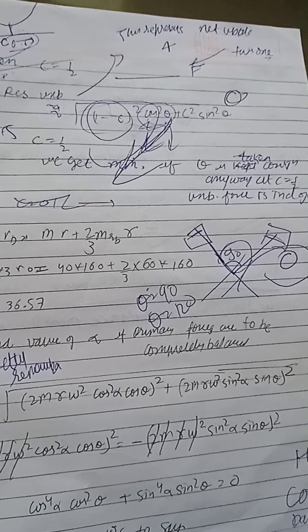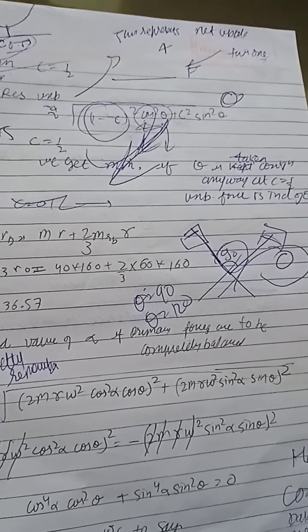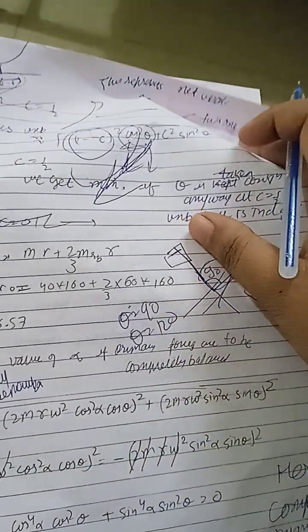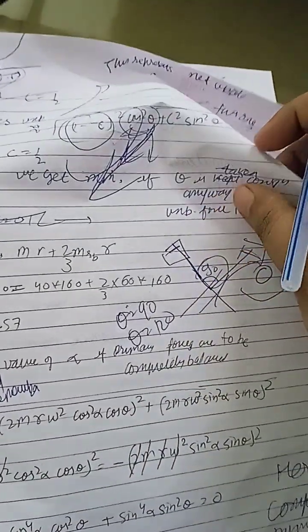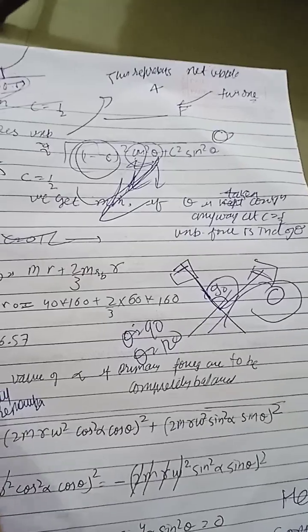If the included angle is 90, primary becomes 0. If 120, secondary becomes 0. At 120, I cannot say if primary becomes 0 or not. So these are direct questions which I have to just do.